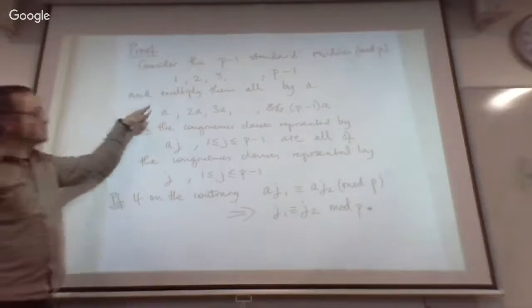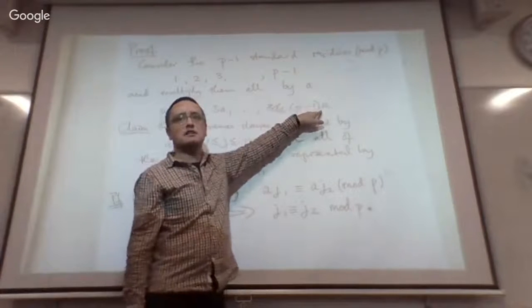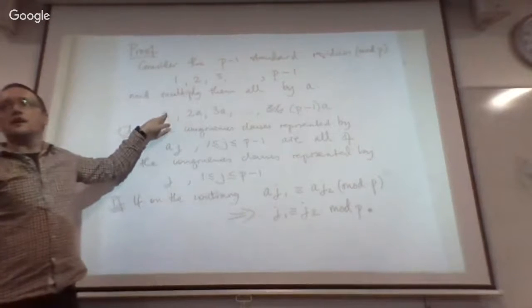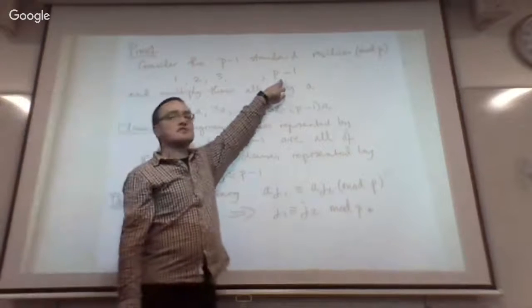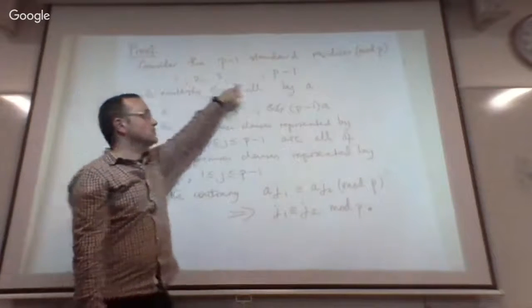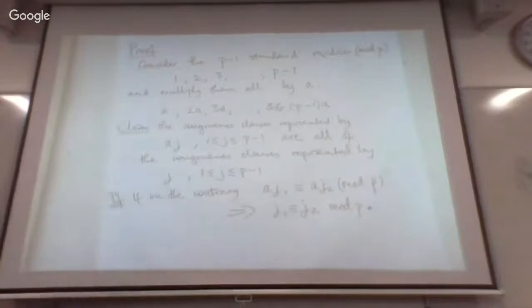So with that little proof over, I know now that the P minus 1 integers here, if I look at all their congruence classes, it's all of these congruence classes, 1 through P minus 1.